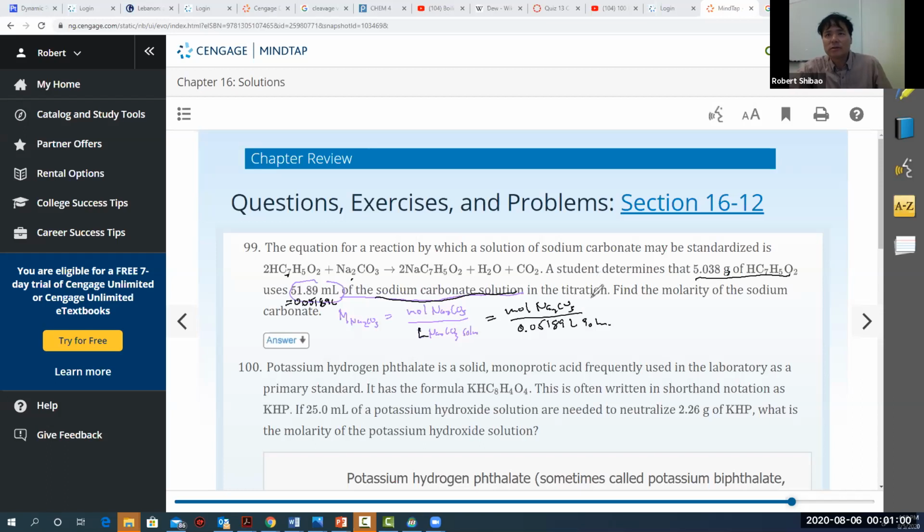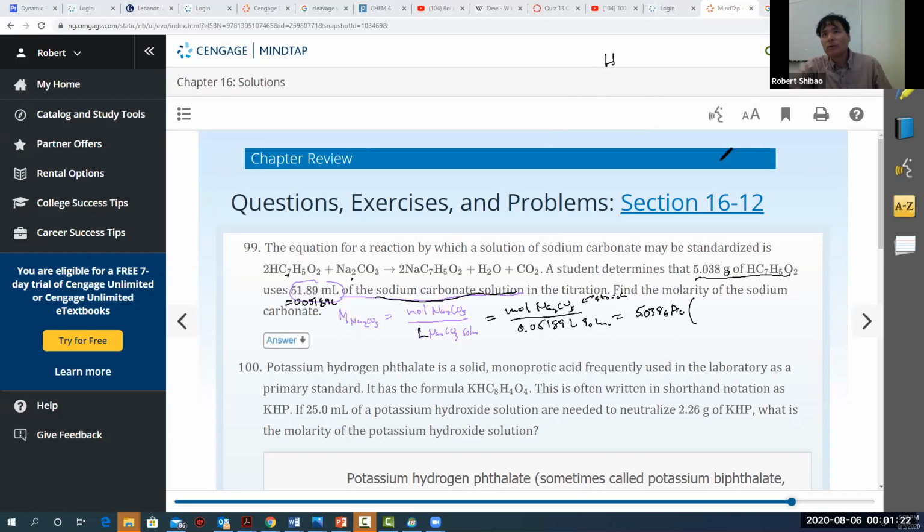So we're just going to use stoichiometry to get the top here. And so this is going to equal 5.038 grams of acid. And then we'll get the molar mass of this acid. I don't know the name of this acid offhand, so we'll have to calculate the molar mass.